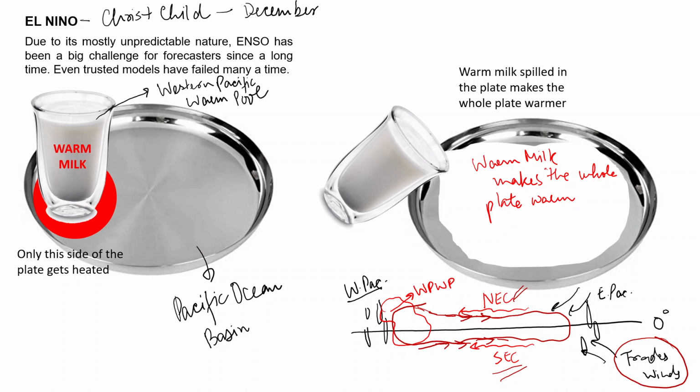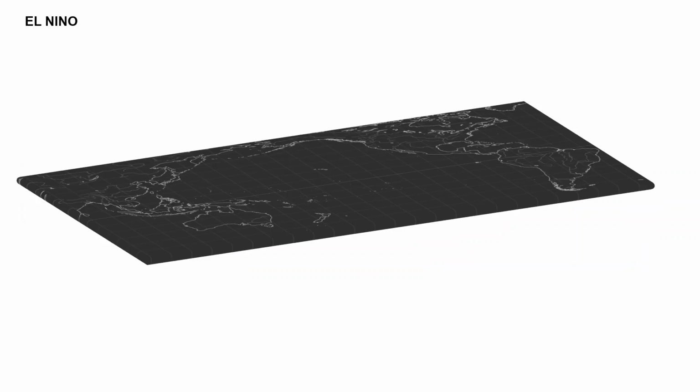Now imagine that the Western Pacific warm pool is strong. Let me show you in this diagram. Let us say that these are the trade winds. We have these stronger trade winds.